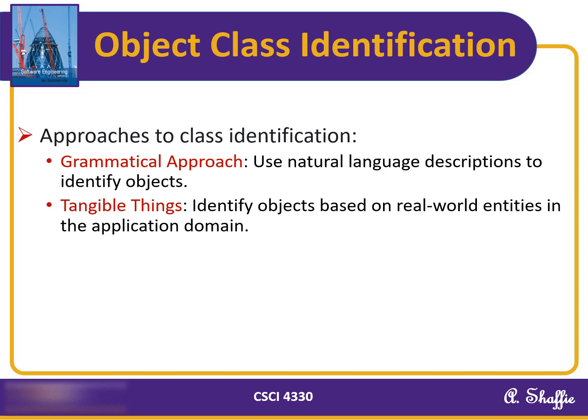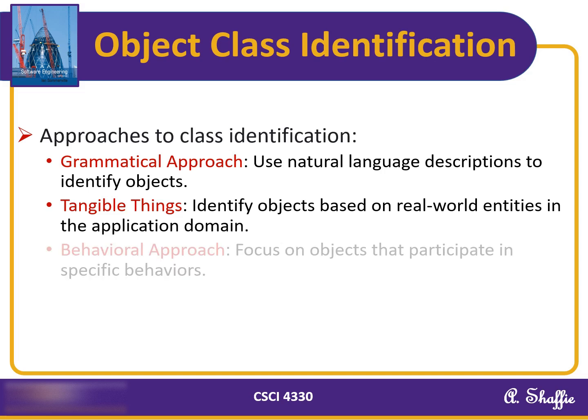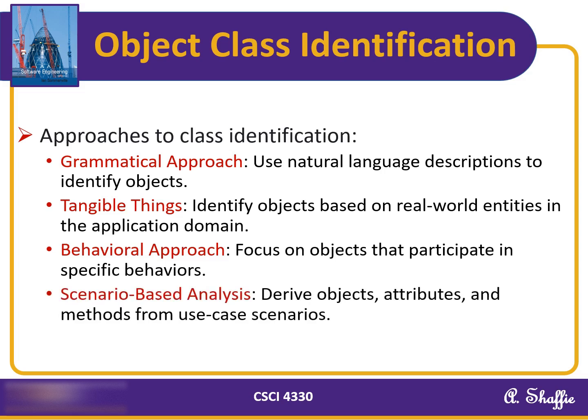Base the identification on tangible things in the application domain. Use a behavioral approach and identify objects based on what participates in what behavior. And finally, use a scenario-based analysis. The objects, attributes, and the methods in each scenario are identified.